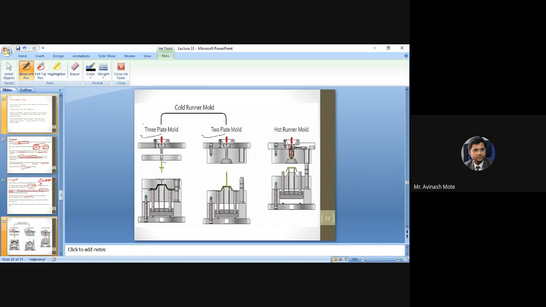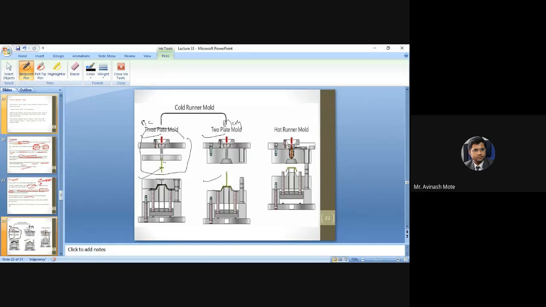More complexity, so skilled labor is required here, while here less skilled labor can also work. Getting it? Three plate mold costing is going to be more, because more setups are there. In case of two plate mold, costing is going to be less. Initial investment will also be more in case of three plate mold, and less in the two plate mold. Similar kinds of pointers will be there based on this mechanism.